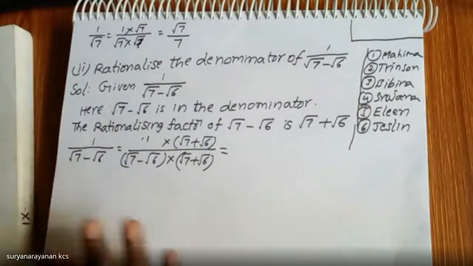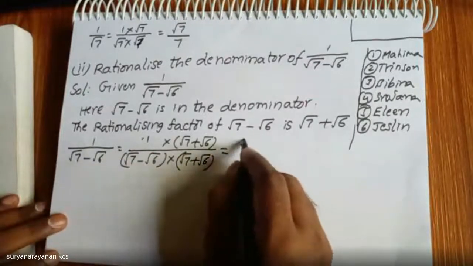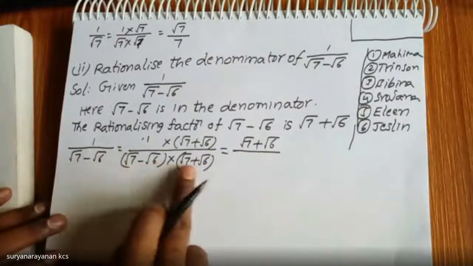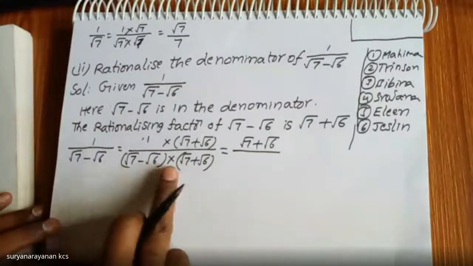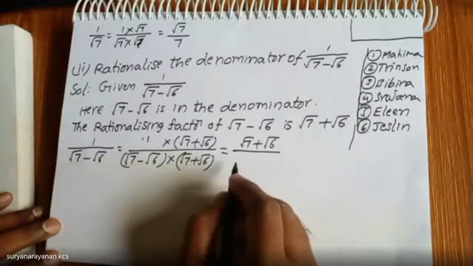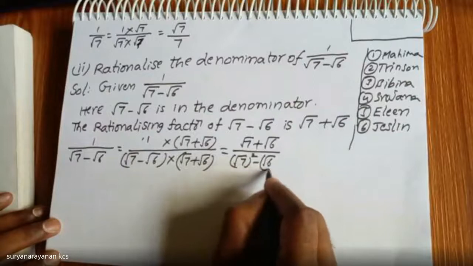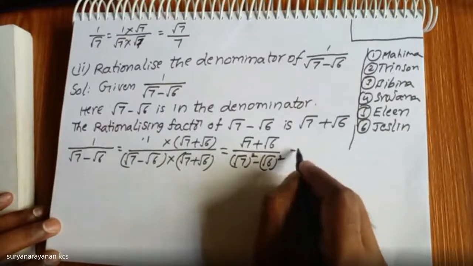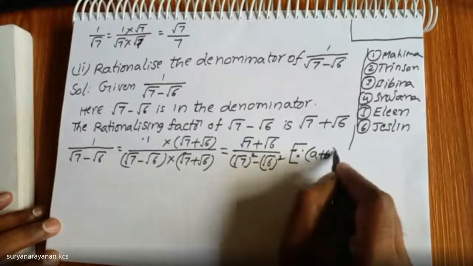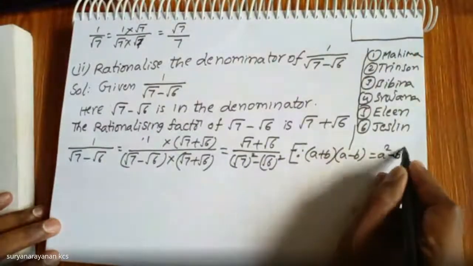Right. Now in the numerator, we get root 7 plus root 6, by, in the denominator, if you observe, this is in the form of (a plus b) into (a minus b): root 7 whole square, a square, minus root 6 whole square, because (a plus b) into (a minus b) is equal to a square minus b square.